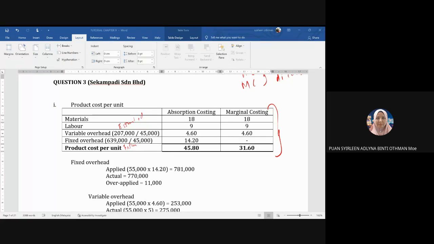Kalau madam check sekejap lagi, mesti orang sama. Ya, sekejap saya check. Dah, jumpa dah. Okay. Tak apalah.